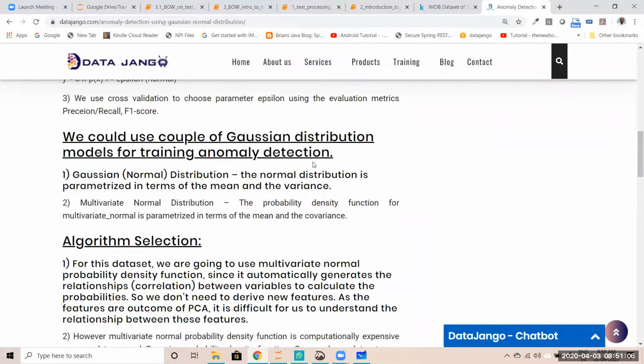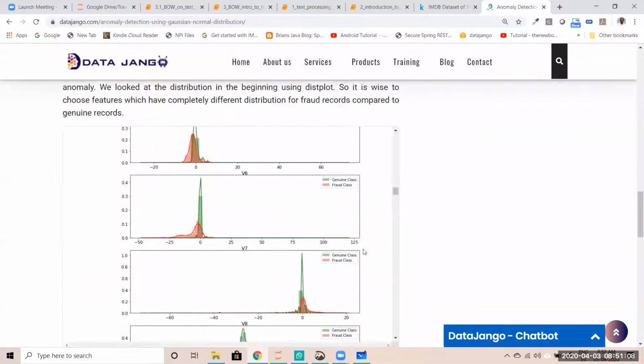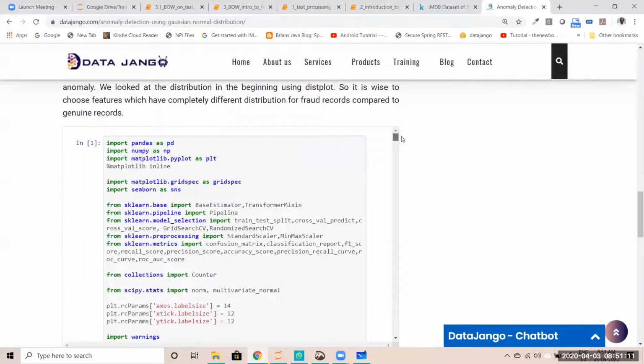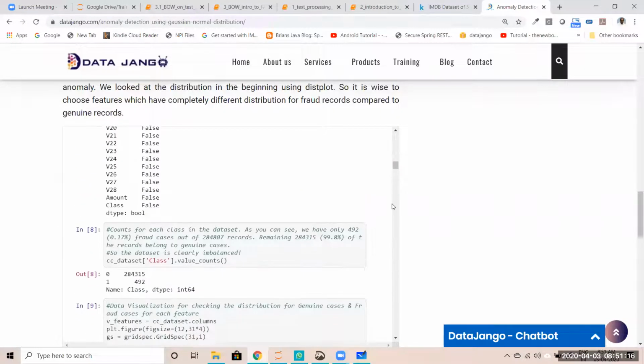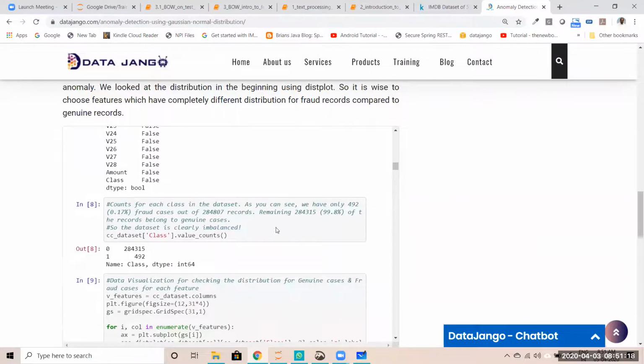So we have taken this fraud detection, the credit card fraud detection data set. This is present in Kaggle, and we have taken that and we are trying to solve the problem. See, if you see this, there are 2,84,807 total transactions.